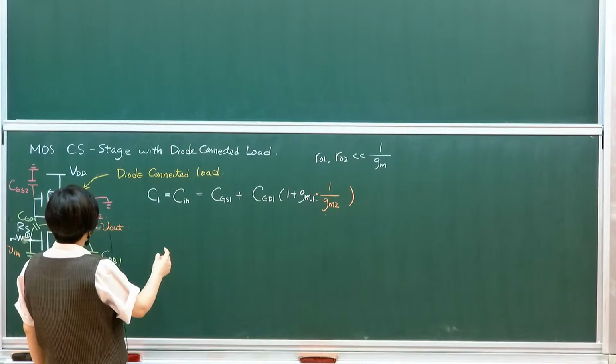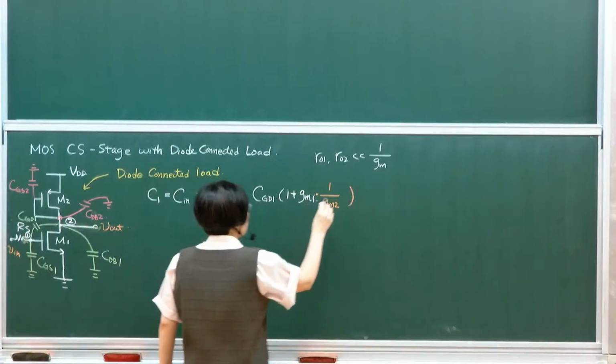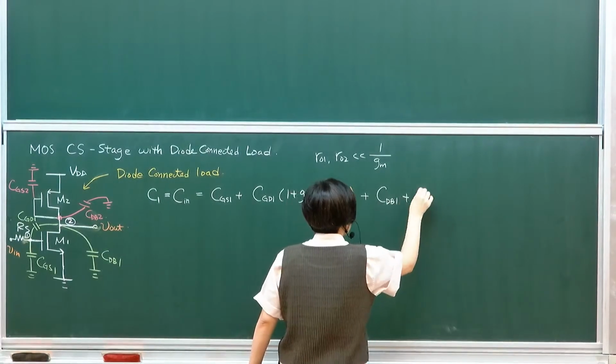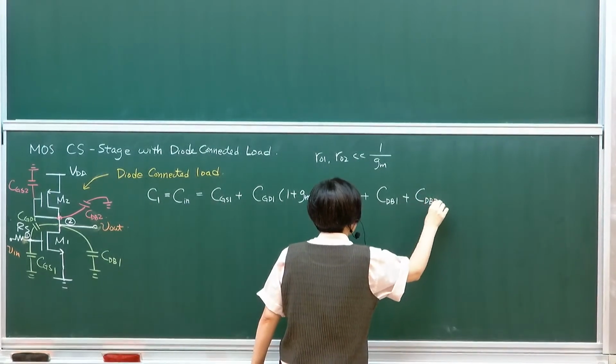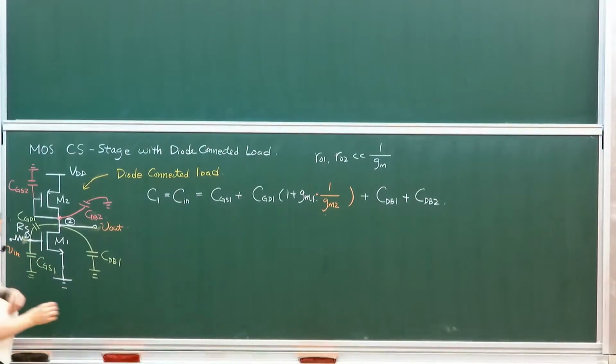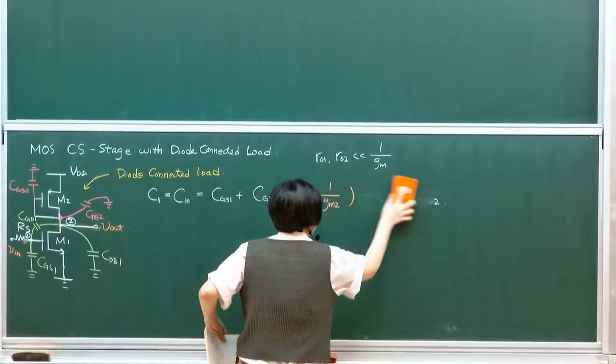Then CDB1 plus CDB2. This is a bit tedious, but you need to get all your parasitic capacitances, see where they come from, and then lump them together. Sorry, this is for the output terminal.